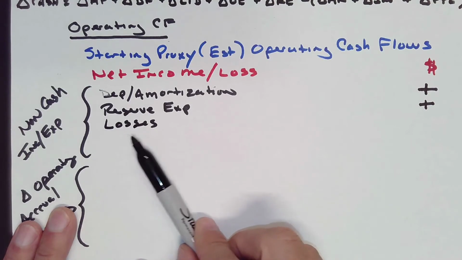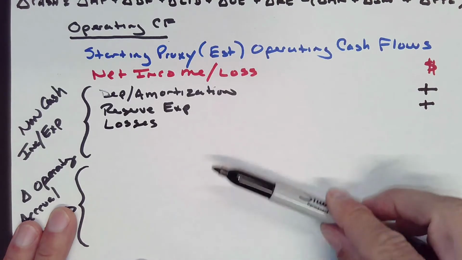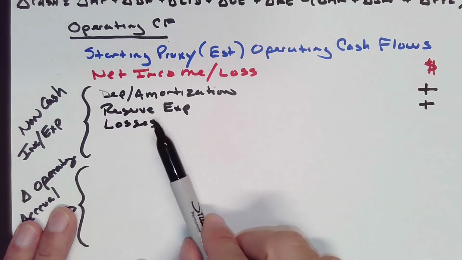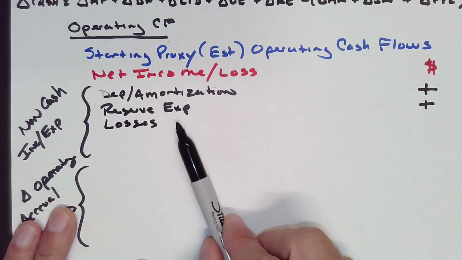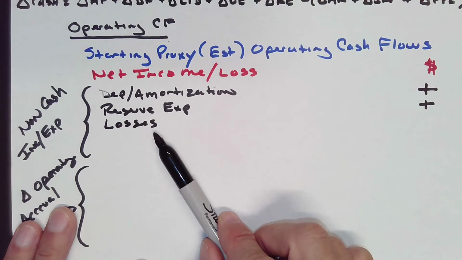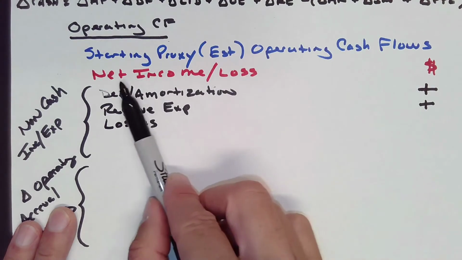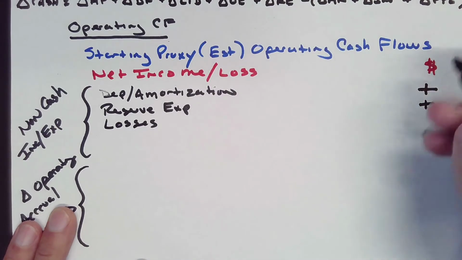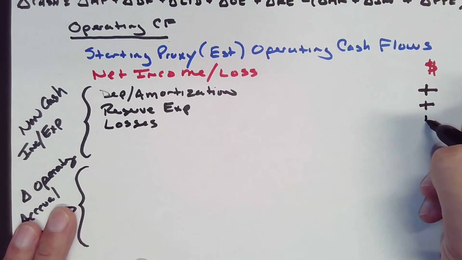Any losses that take place are likely accounted for as far as the cash is concerned down in financing or investing. And in some cases where you're doing impairment, there is no cash involved. We're just writing down an asset. Those losses are in net income. We've got to adjust those. So again, we're going to add those back.